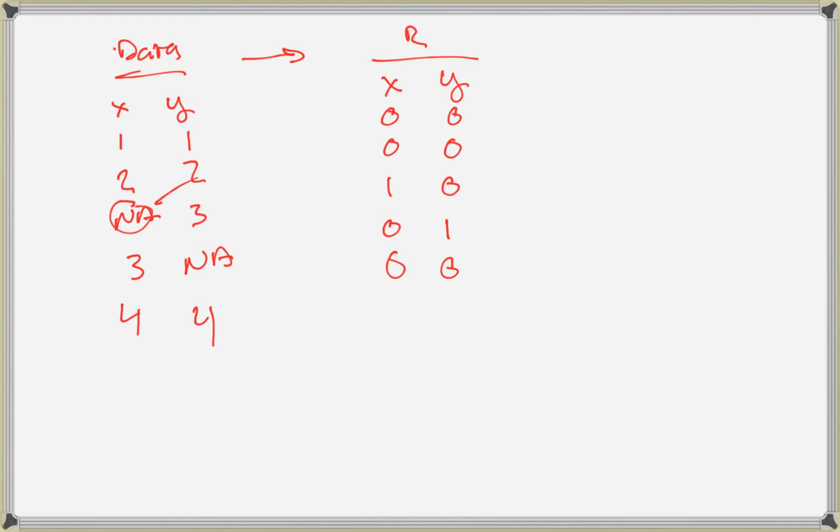So these missing values show up as 1s, but any non-missing entry shows up as a 0.